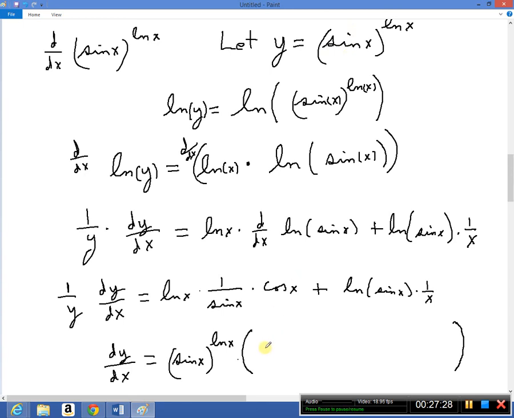In this case, it's this thing, which you could write in a clever form here. You could write natural log of x times cosine over sine is cotangent x, plus log of sine of x divided by x. And we'll leave it there. That's plenty good. You didn't even have to do this if you didn't want to. Log of x times cosine of x over sine x is perfectly fine.